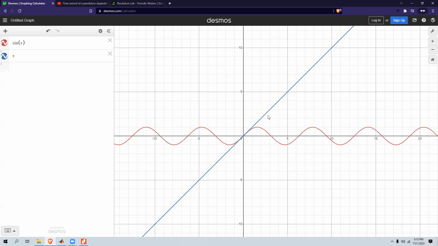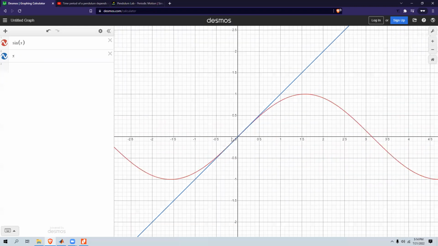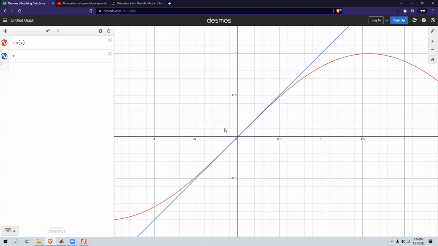You have your line here, which is just straight, while your sine curve is oscillatory as it should be. Now, the small angle approximation states that these two functions are approximately equal at small angles. We can see this by zooming into the graph.